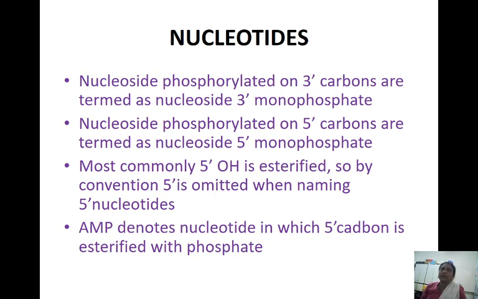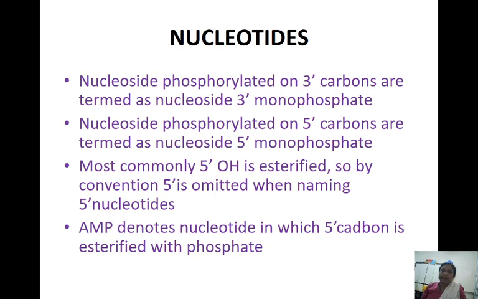But most commonly, the esterification is done with the 5 prime hydroxyl group. Usually in the formation of nucleotides, the phosphoric acid is esterified with the 5 prime carbon of the pentose sugars, so we need not mention the 5 prime every time, and it is omitted.